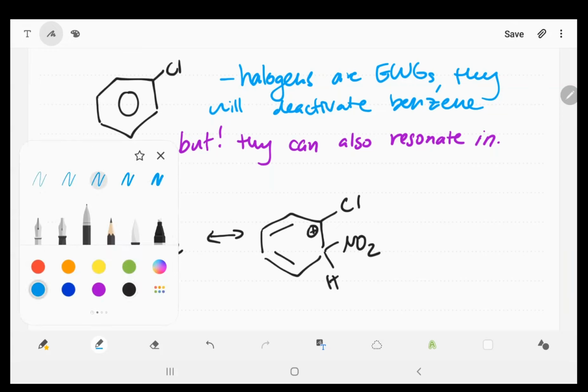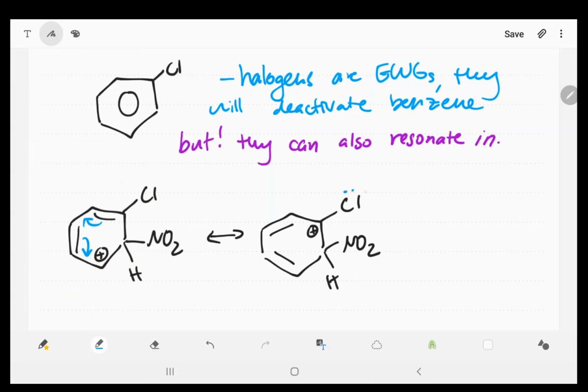We know that this chlorine is electron rich.